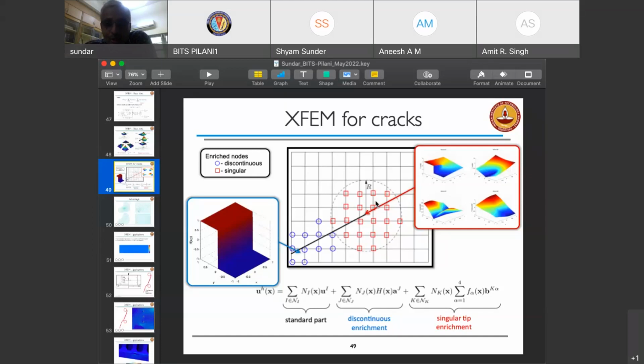Not just getting color contour plots, but understanding why this happens and reasoning it out logically based on certain equations, which will then help you address certain problems. For example, it could be redesigning a certain component based on the stress levels that you see. All these are essential, so you should definitely focus on the fundamentals.